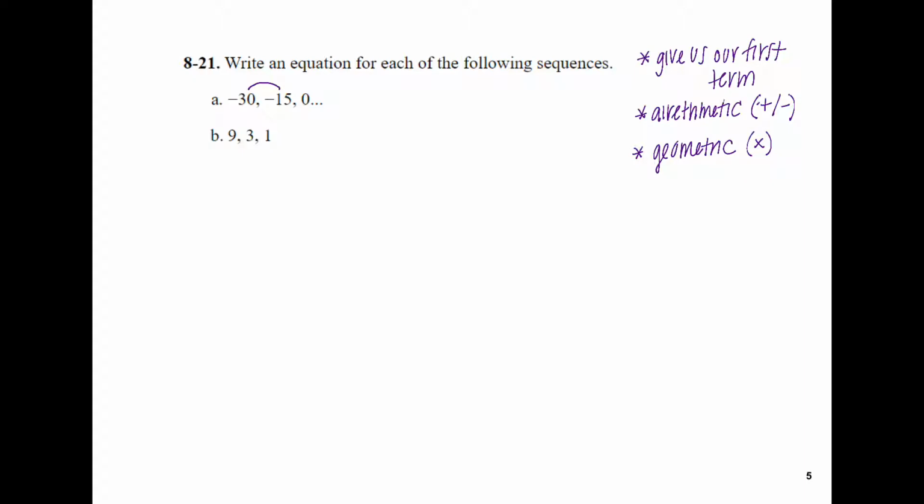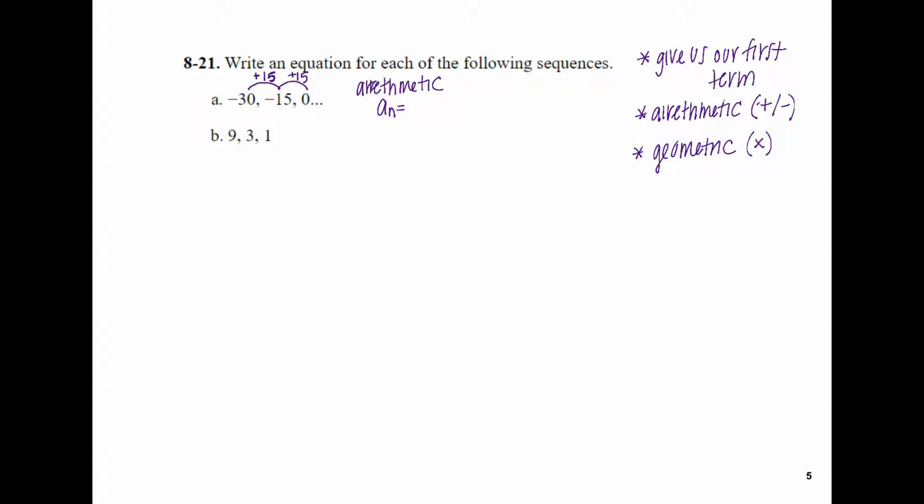So to go from -30 to -15, I'm adding 15. To go from -15 to 0, I'm also adding 15. So I know that it's arithmetic, which means it's going to be similar to a linear equation. So when I write an equation for a sequence, I'm going to use a sub n.